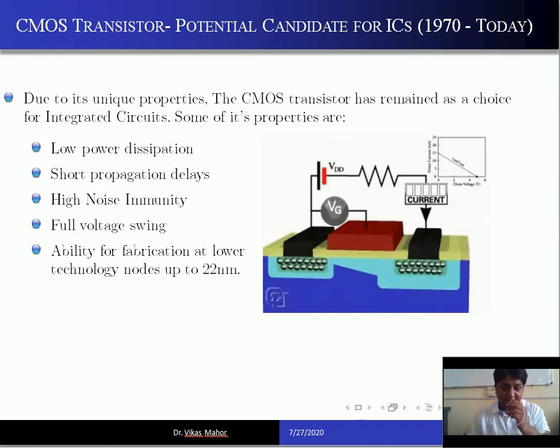So let's see what its unique properties are, and why CMOS is a potential candidate for IC design. There's a reason for that. The first reason is low power dissipation. Everybody wants the IC fitted into a system like your desktops and your mobile to work on a battery for at least 1 or 2 days.